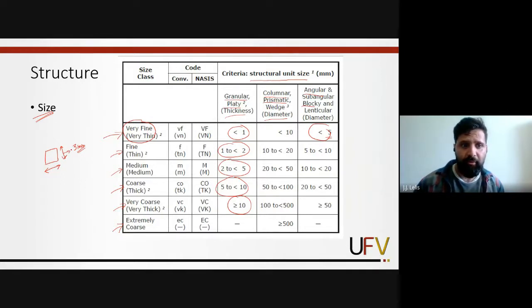So we have a structure that has an angular block shape, and we have a very thin or very fine size.